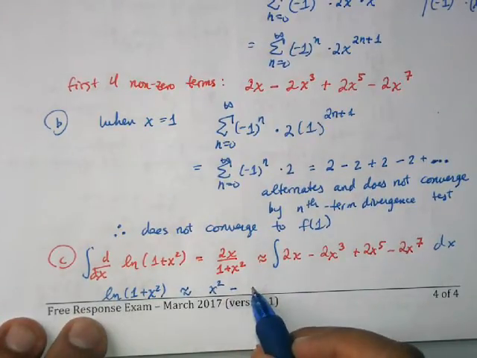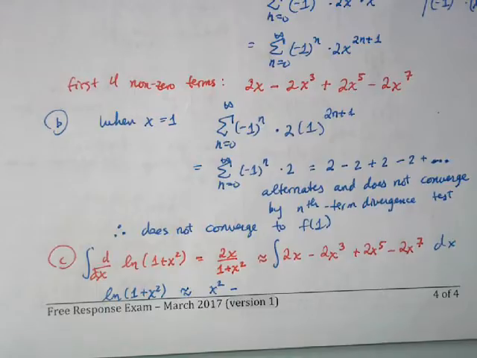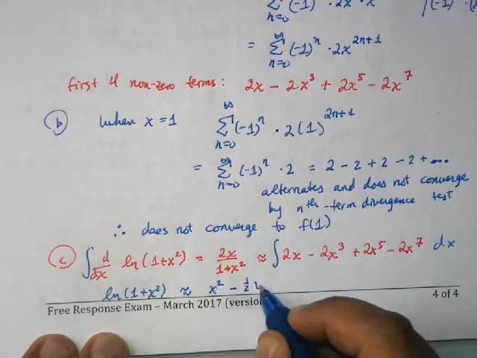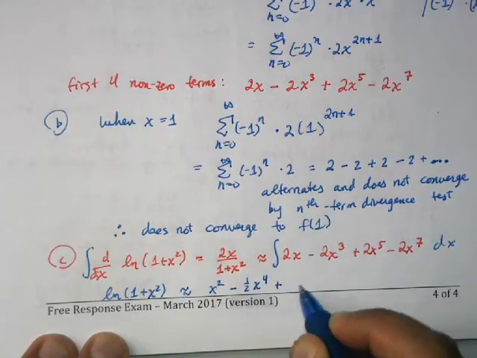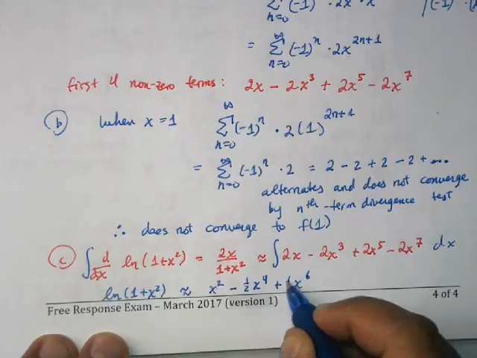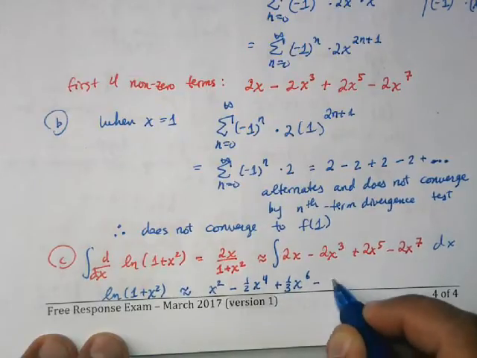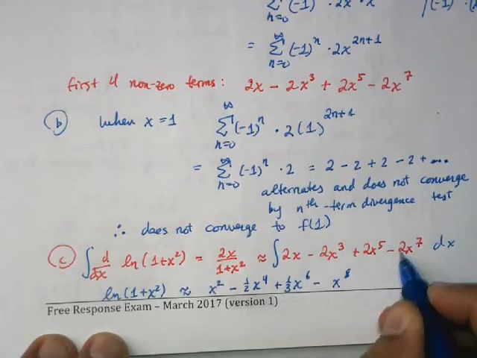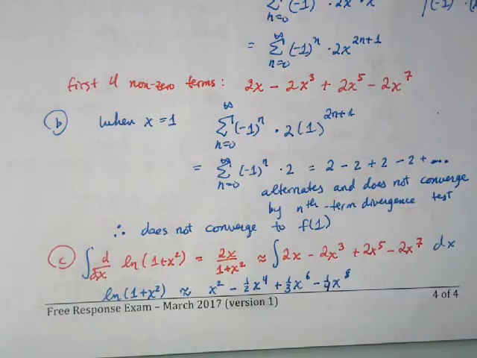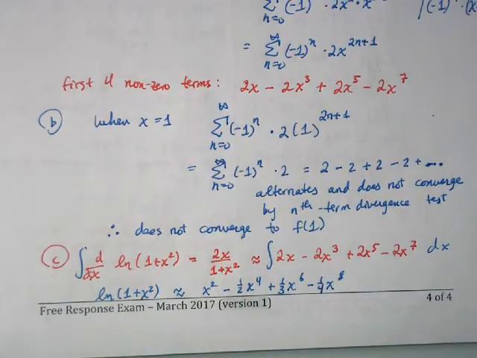This is going to be x squared minus 1/2 x to the fourth plus x to the sixth, 2 divided by 6, which is 1/3, minus x to the eighth, 2 divided by 8, which is 1/4.